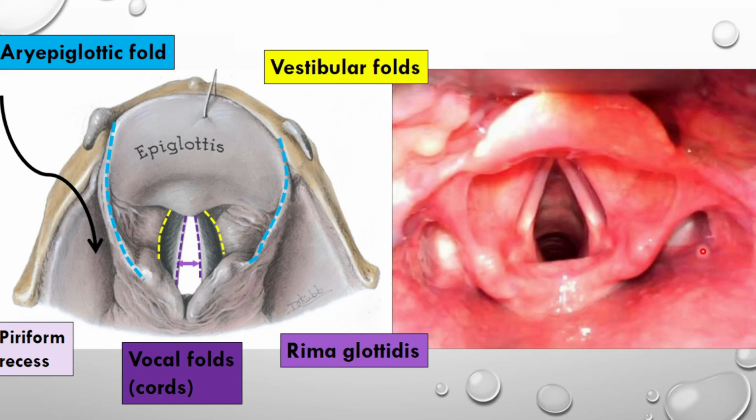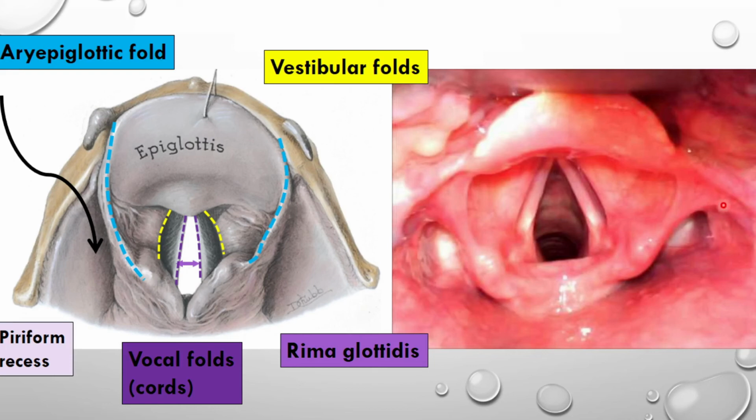Those are the piriform recesses, and again, those are clinically important areas because things can get stuck in those holes. Fish bones and things like that can get stuck into that area.